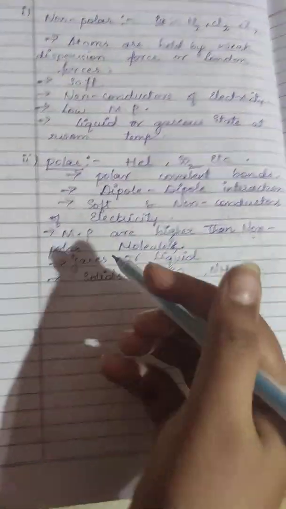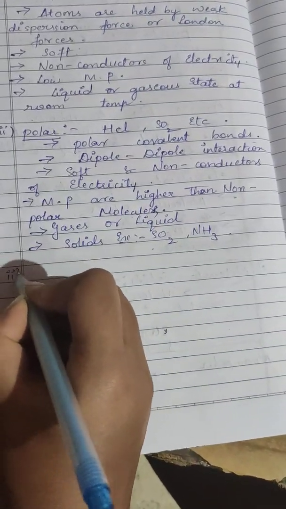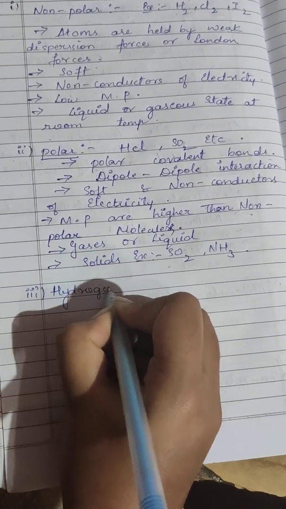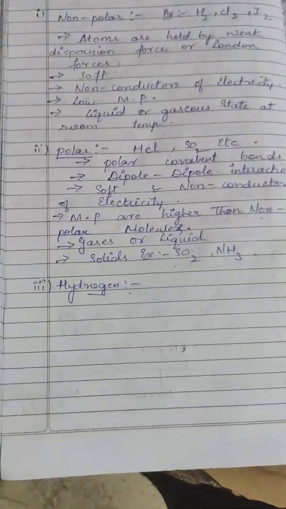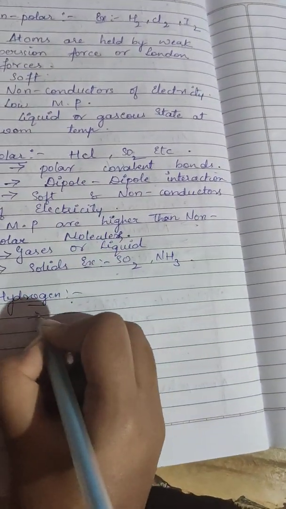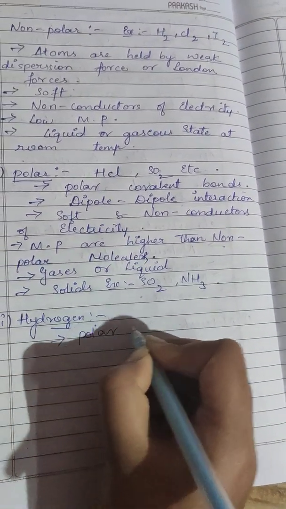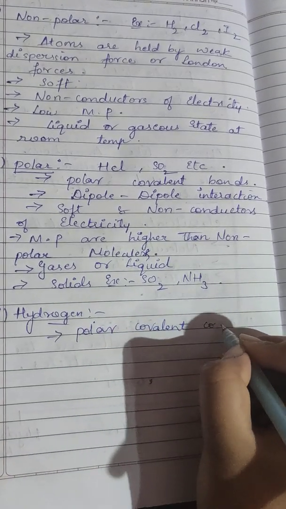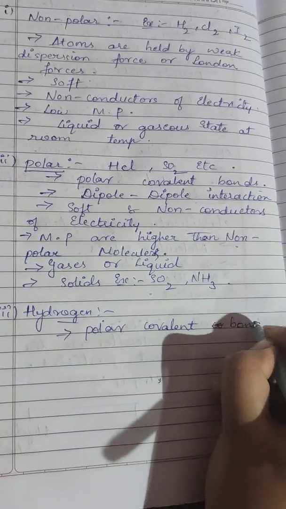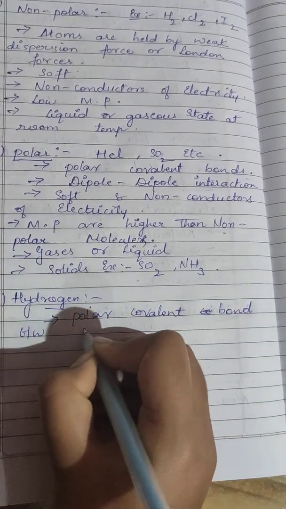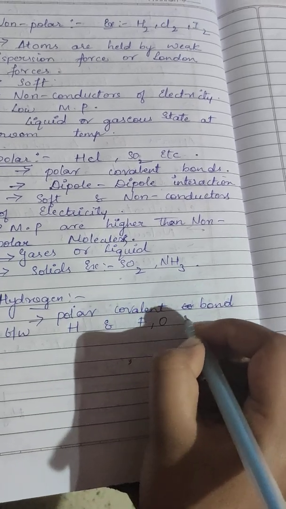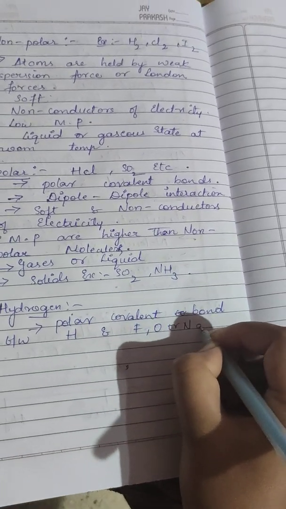Let's go to the third one, that's hydrogen bond. It is held by the polar covalent bond between hydrogen and fluorine, or oxygen, or nitrogen atoms.